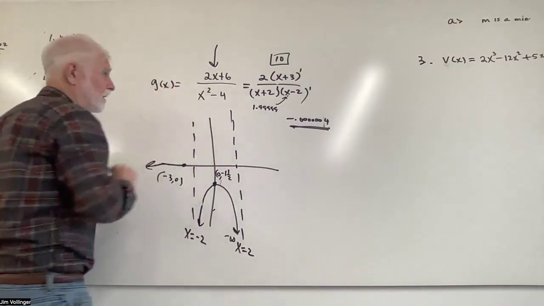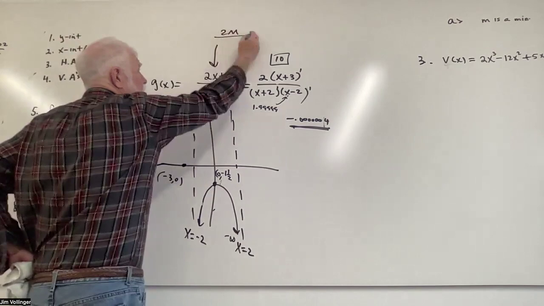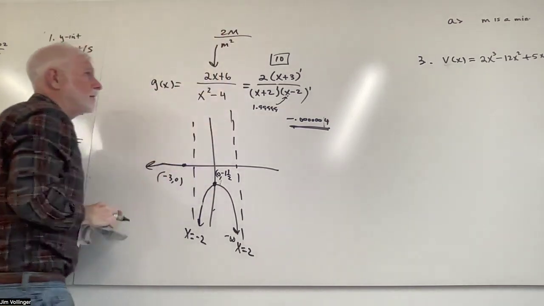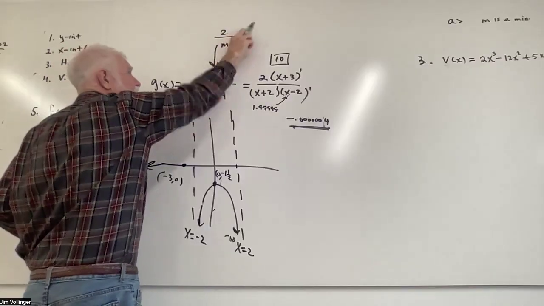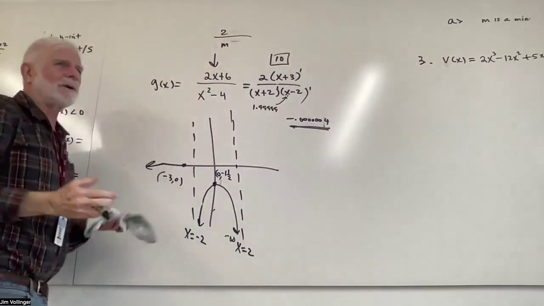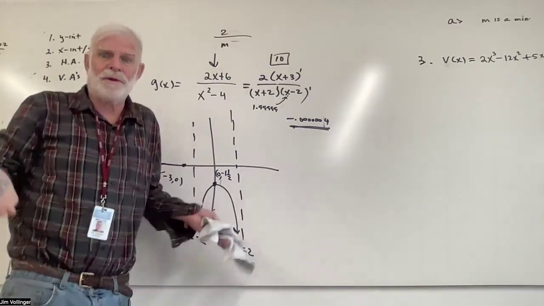If we put 1,000,000 in, well, I got 2,000,000 in the numerator, and I got 1,000,000 squared in the denominator. Well, I think I can divide by 1,000,000 here. And I've got 2 divided by 1,000,000, and 1,000,000 is just a placeholder for a huge number. Could have put 1,000,000,000 in.